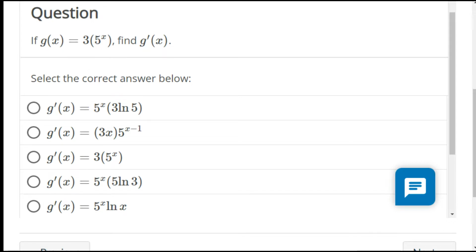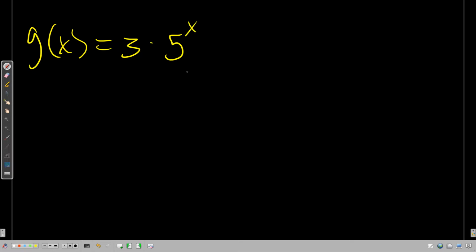3 times 5 to the x. Do not say to me that this is 15 to the x. Okay. It is not 15 to the x. It is 3 times this function, and this function is 5 to the x. You don't even need a chain rule to evaluate this function.